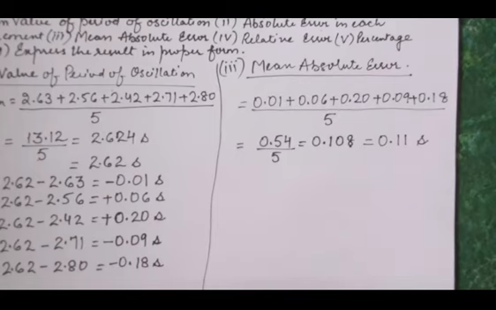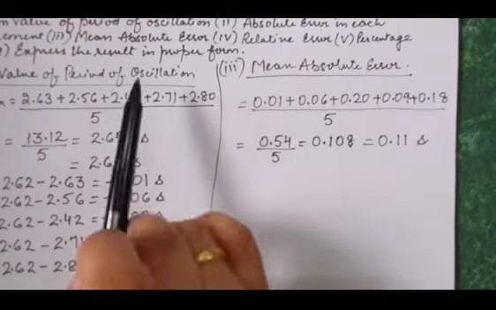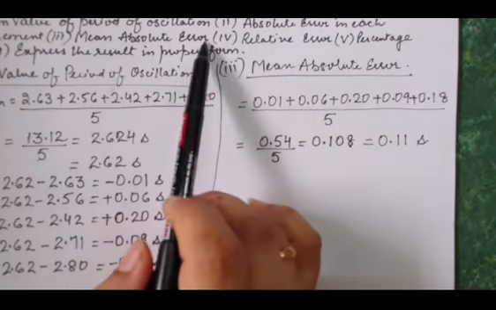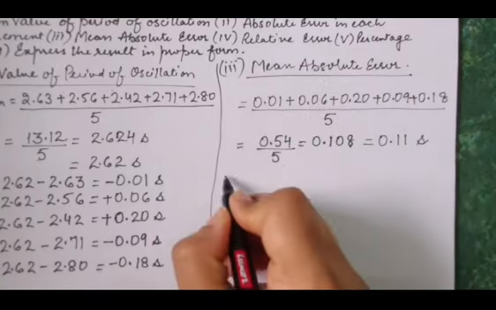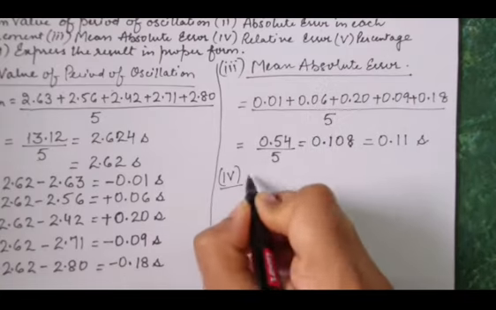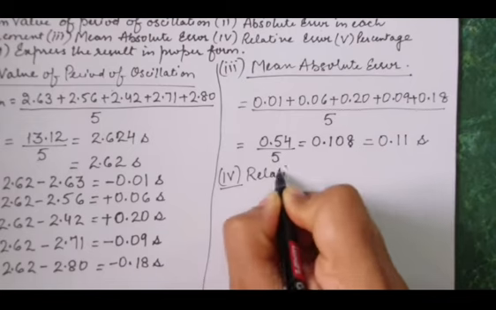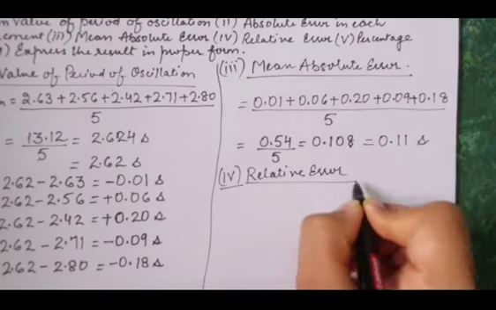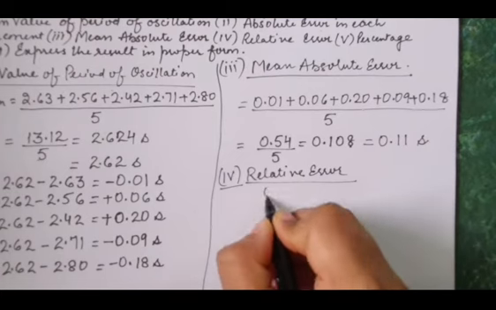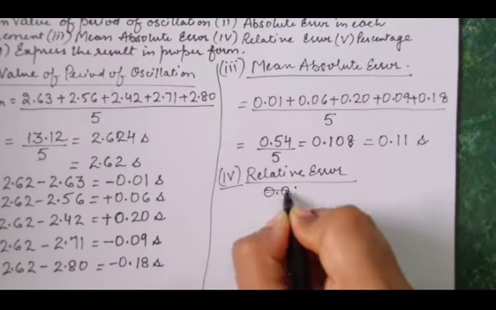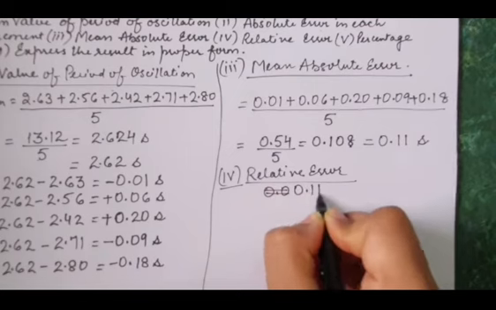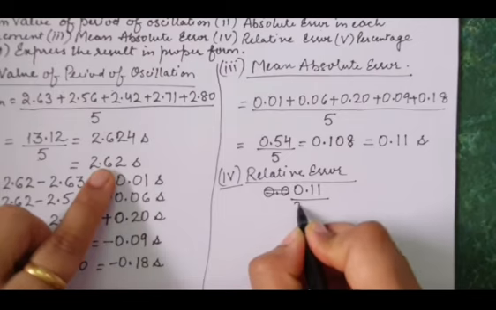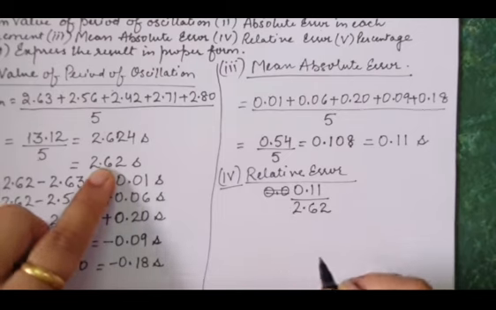Clear? We have calculated the third part, the mean absolute error. Let's calculate the fourth part, the relative error. The relative error is the mean absolute error, 0.11, divided by the mean value, 2.62.